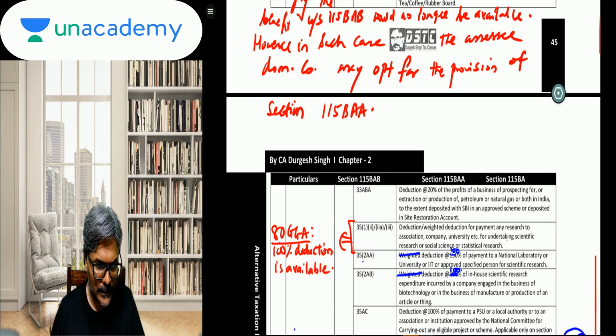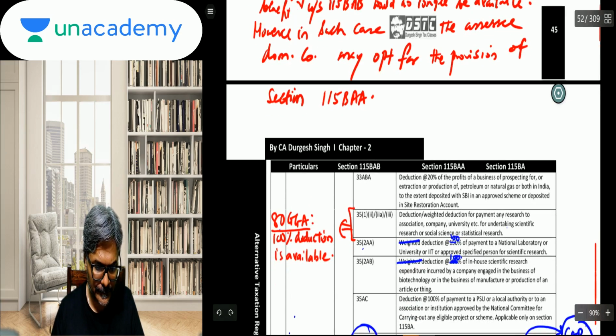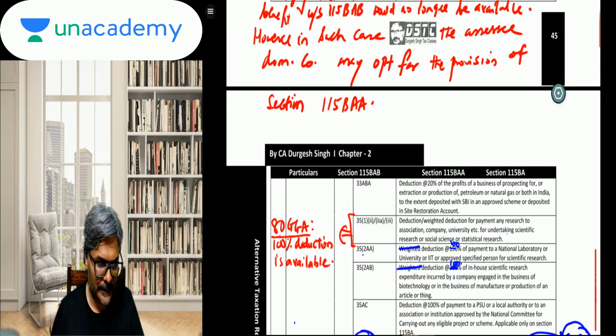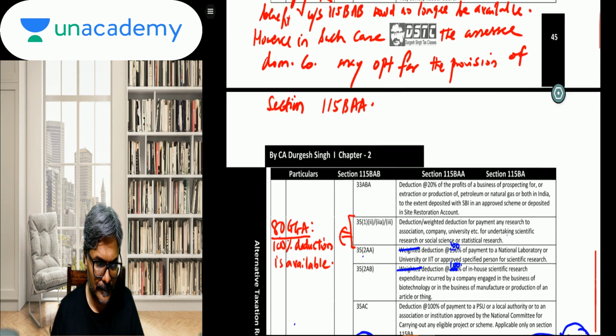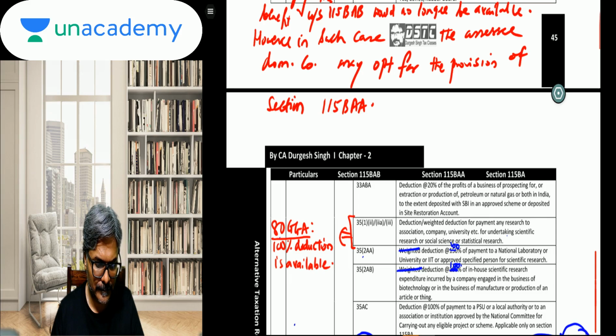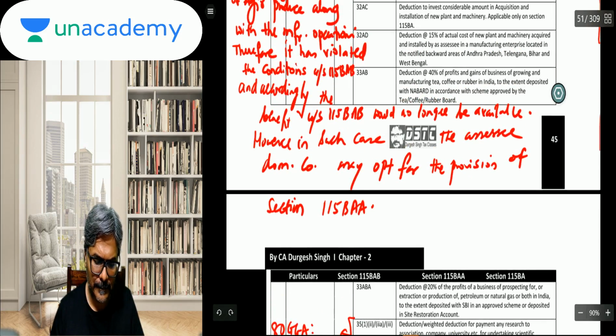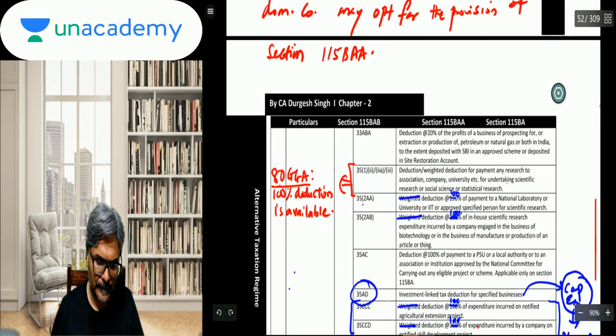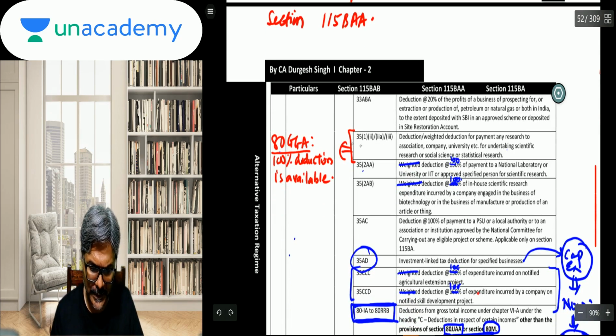So now in this context, if you all are through with this particular point, all of you through with this? So 100% deduction is available.